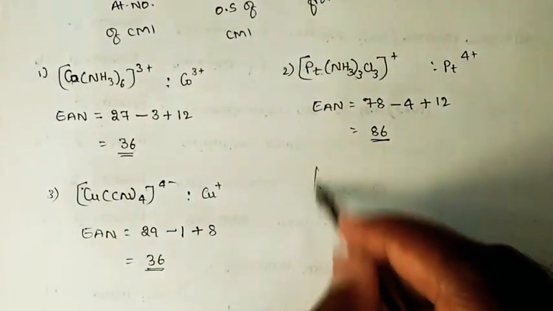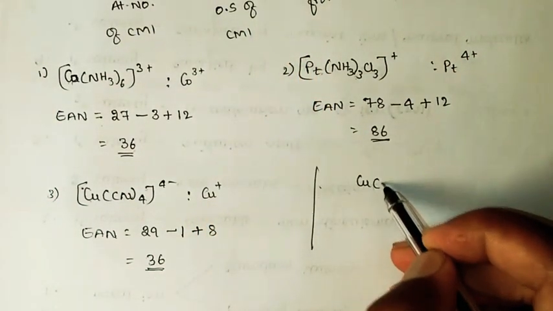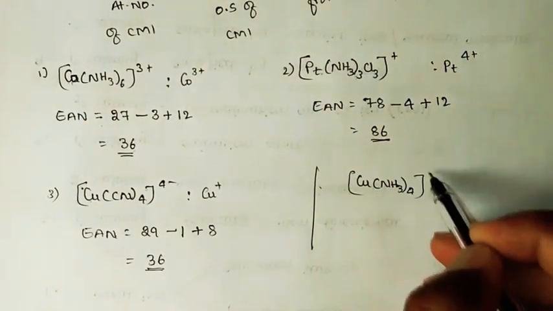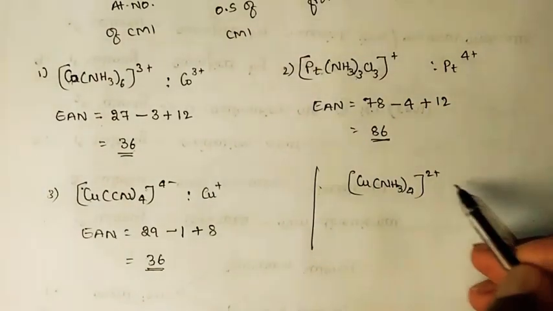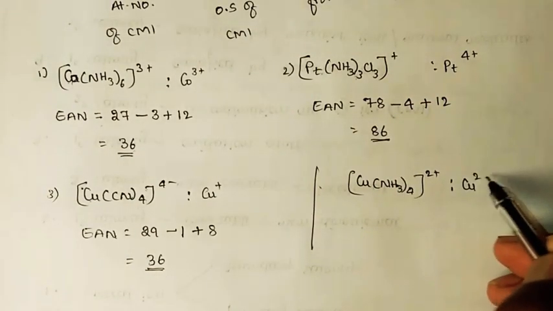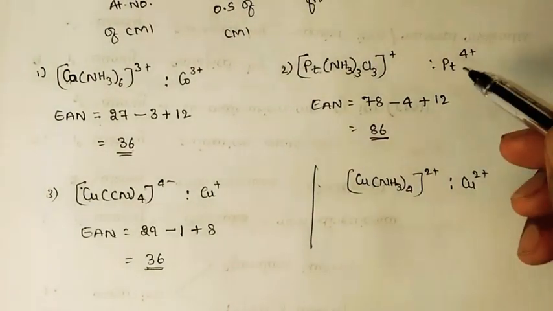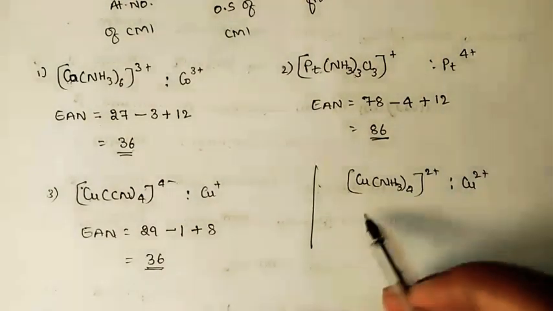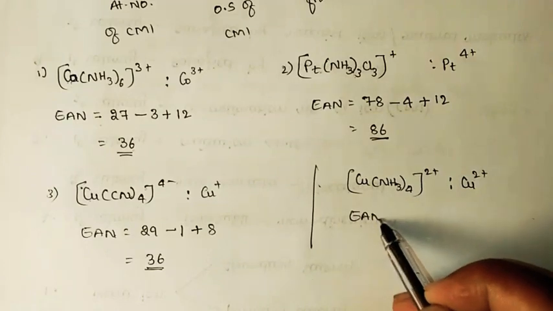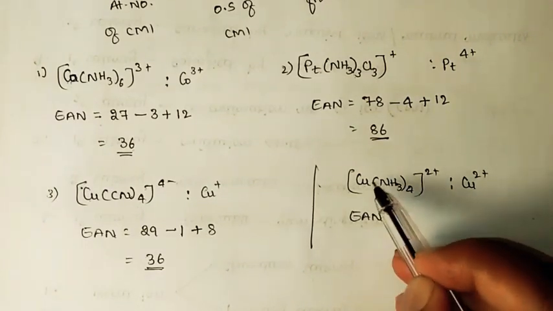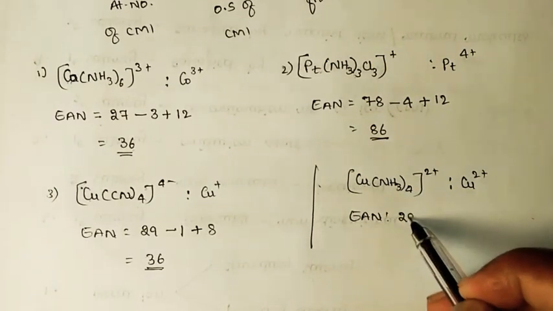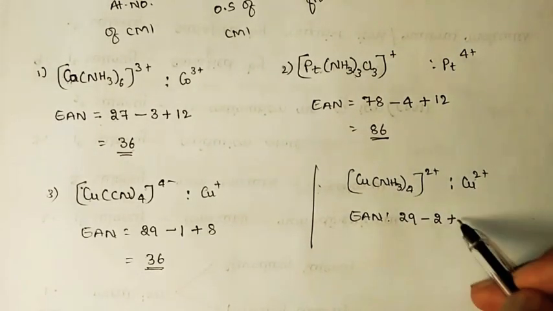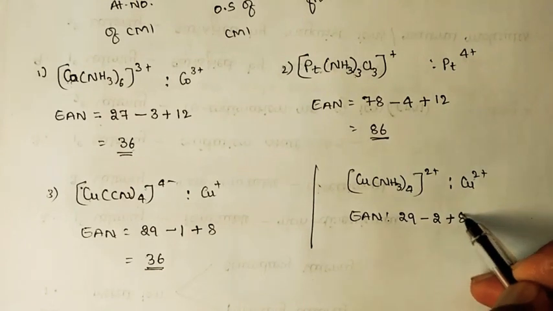If you consider one such example, [Cu(NH3)4]2+. So here the copper is a central metal ion and it is in 2+ oxidation state. So now we shall calculate the value of effective atomic number. So atomic number of the copper is 29, minus oxidation state 2, plus 4 monodentate ligands are there. So 4 2s are 8.